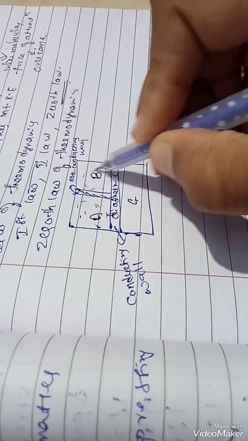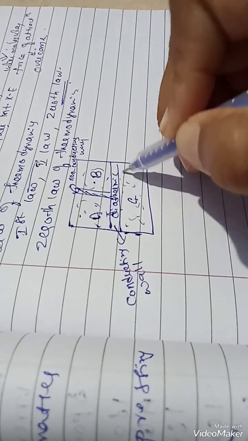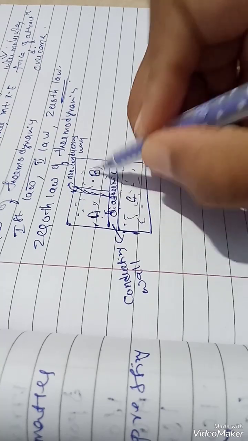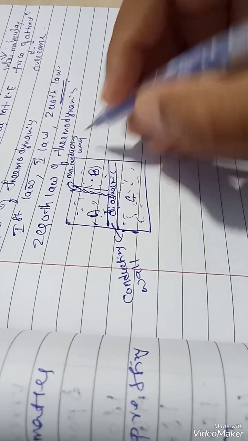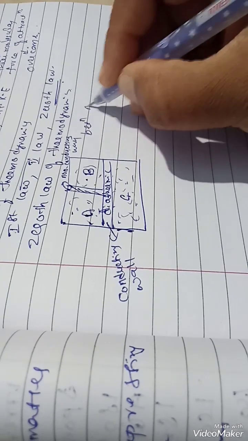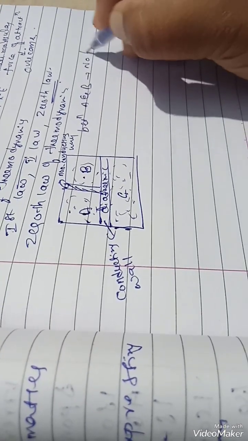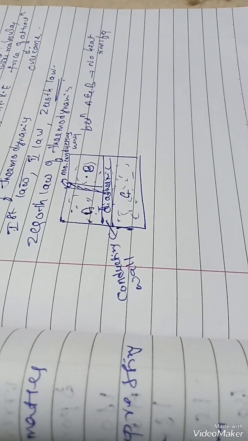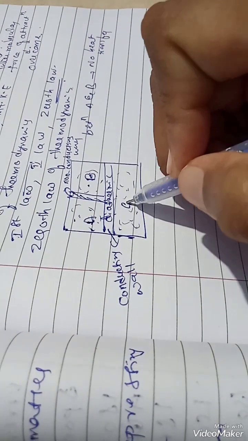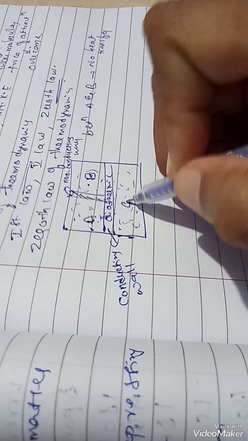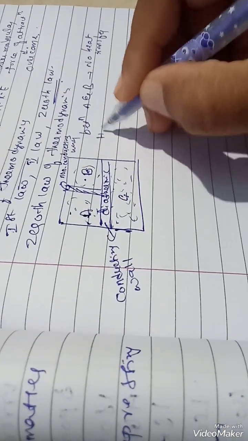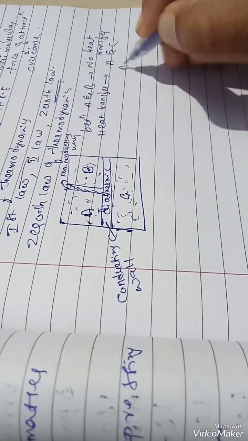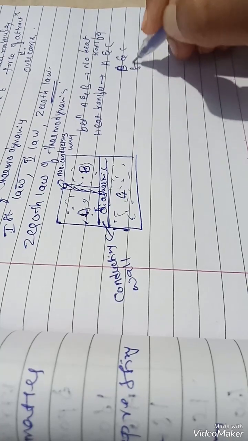Here a system is there, right? Now this is a non-conducting wall between A and B. So what happened between A and B? There is no heat transfer. As A and B are in contact with C through the conducting wall, heat transfer takes place between A and C, and B and C separately.